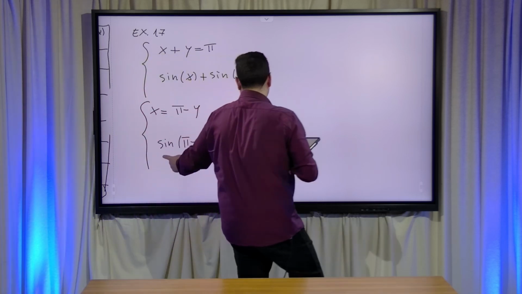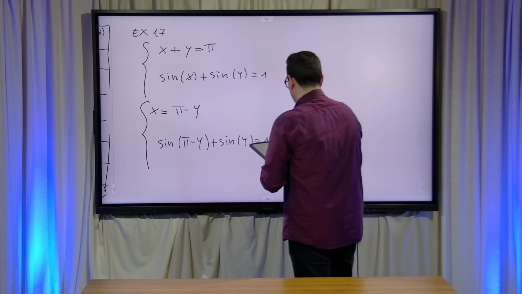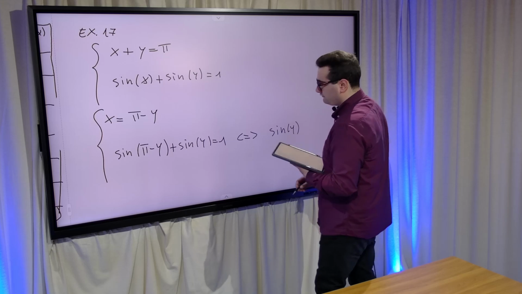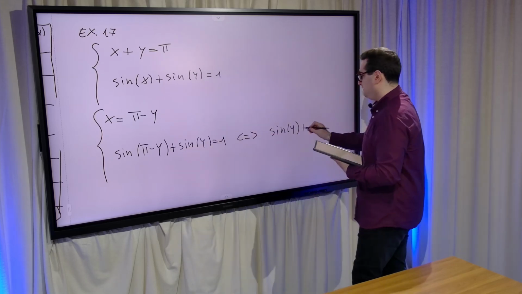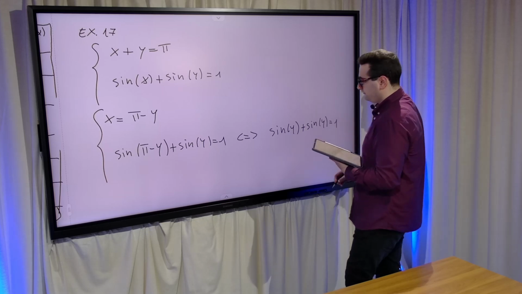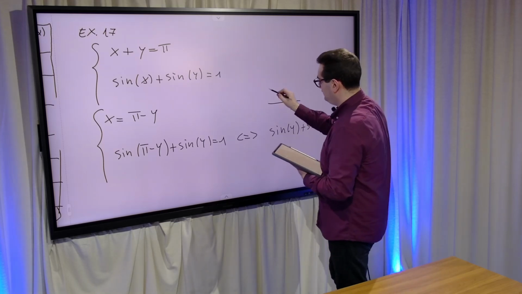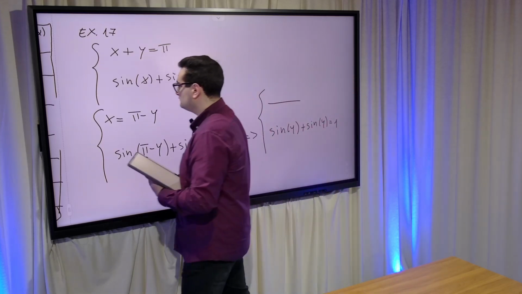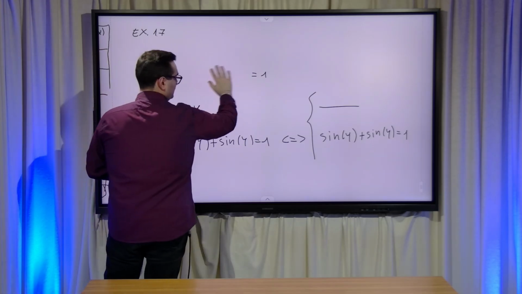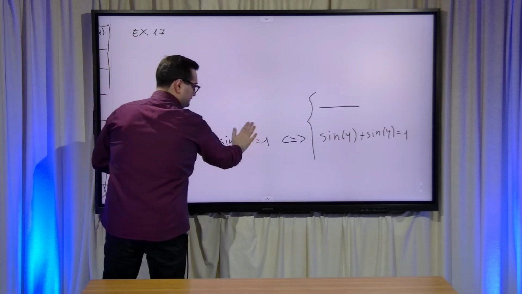Here I can write this quantity here in this way. This one, and then, okay. So that's the result, this one.